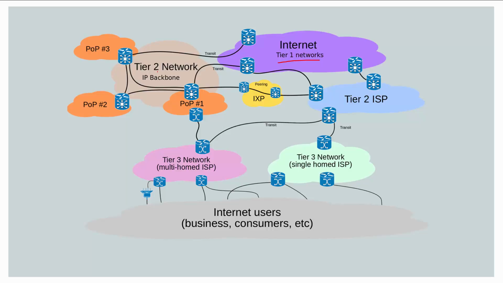These are the really, really big providers. And then we have the next tier providers. For example, Comcast is a Tier 1 provider. Verizon is a Tier 1 provider. Then we have Tier 2 providers. Now these tend to be not as big as the Tier 1 providers, but they're still very large and still important.